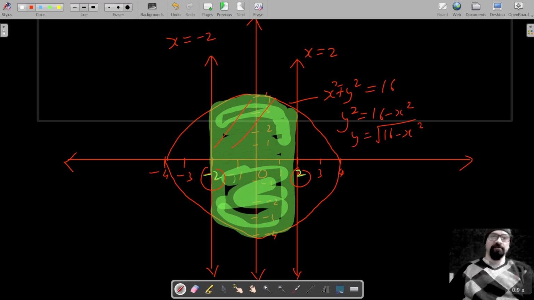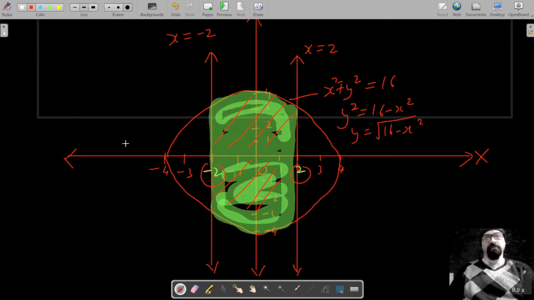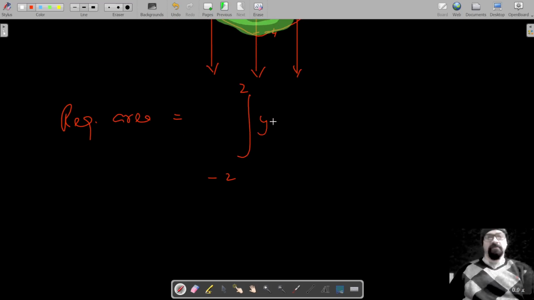Now we are considering this region to be symmetrical about the x-axis. So the required area under the circle, between the lines x is equal to -2 and x is equal to 2, is within the limits -2 to 2, y into dx.